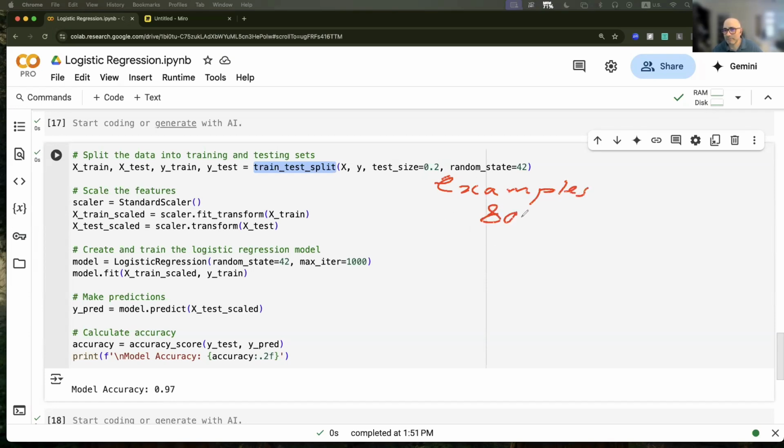The 20% is the test, where you don't look at the solution. We want to evaluate whether you understood the topic. That's the same idea.